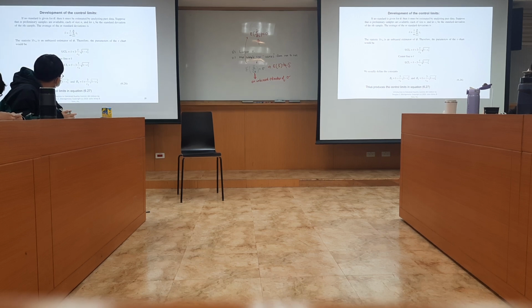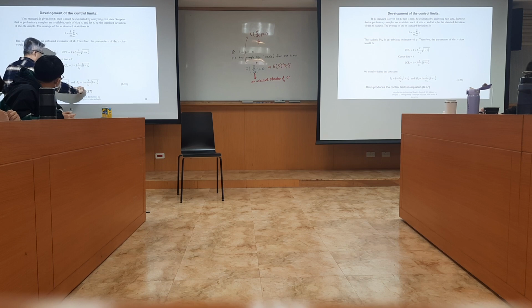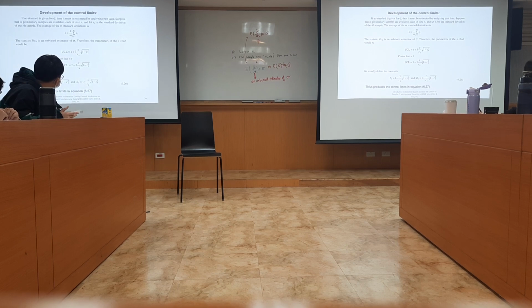So we usually define the constants B3 and B4 by factoring out S bar: 1 plus 3 over C4 times the square root of 1 minus C4 squared, and 1 minus 3 over C4 times that square root. This produces the control limits in equation 6.27.